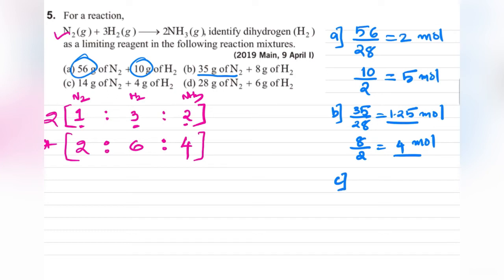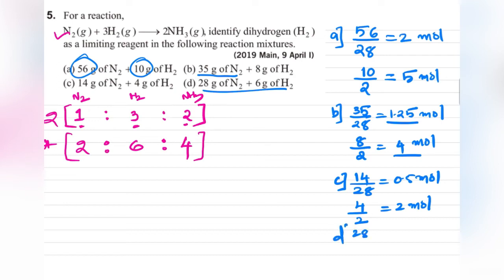In option C, we have 14 grams of nitrogen, that is 14 divided by 28 equals 0.5 mole. Another is 4 divided by 2 equals 2 moles. Option D, we have 28 grams of nitrogen, 28 divided by 28 equals 1 mole, and 6 grams of hydrogen divided by 2 equals 3 moles.